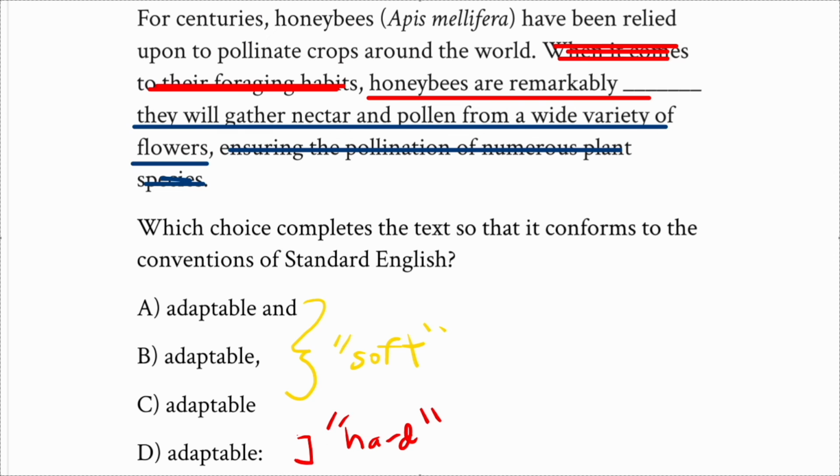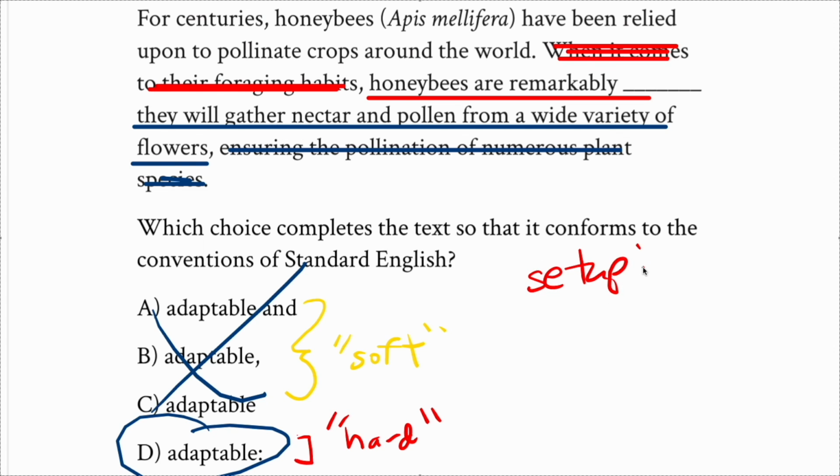Okay, so given that we have an independent clause and then another independent clause, we can't use just and or just a comma. We have to use the one that would be considered hard punctuation. But once again, we also have that same sort of relationship where we have our setup. It's telling us that they are remarkably adaptable, and then our payoff, expanding on that and explaining in which way they are remarkably adaptable.